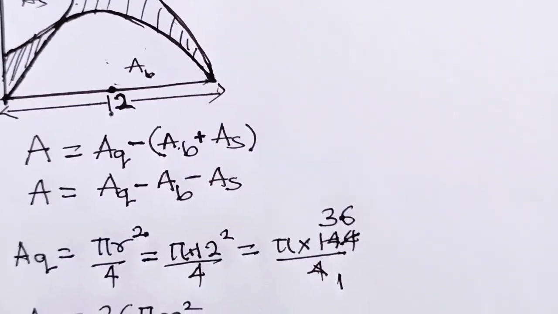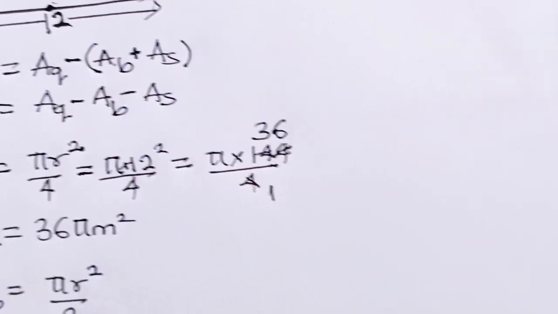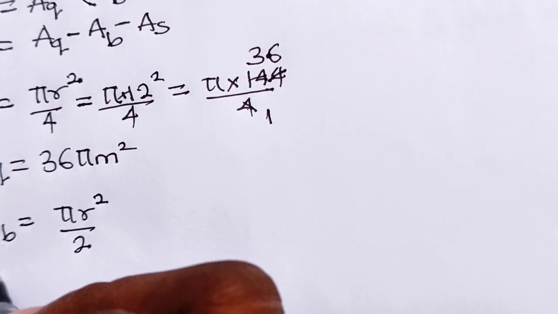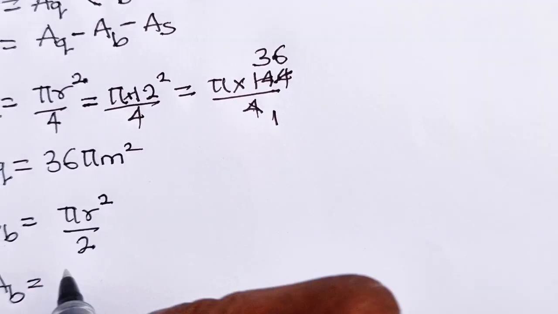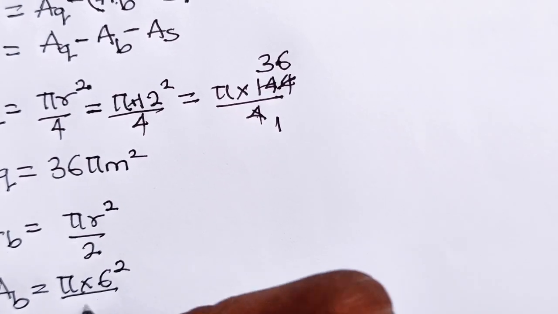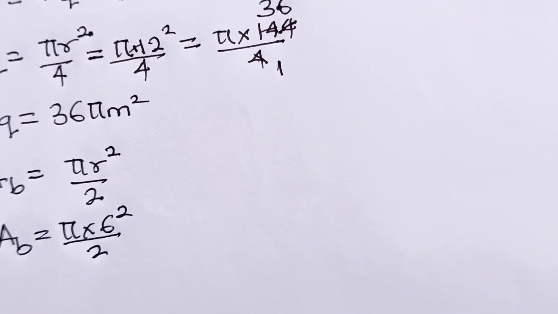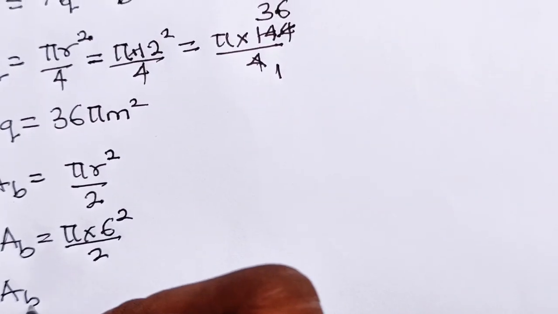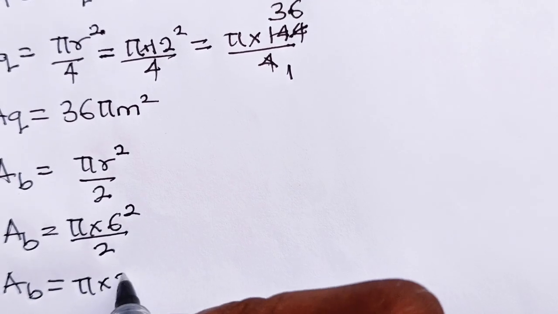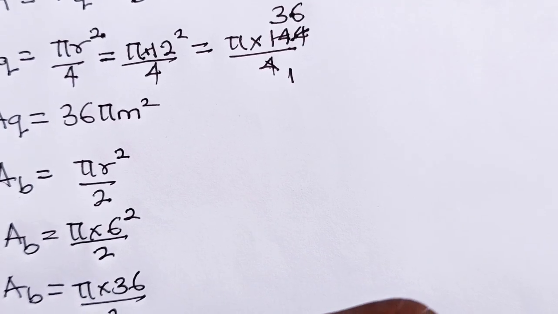Now let's go back and get the value. That means that the area of the bigger semicircle should be equal to pi multiplied by 6 squared divided by 2. So AB should be equal to pi times 36 divided by 2.